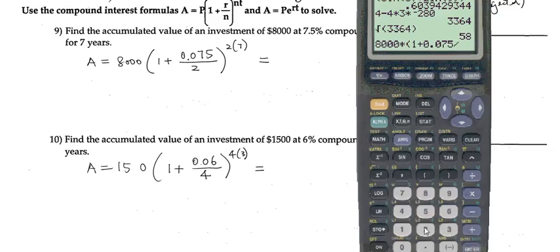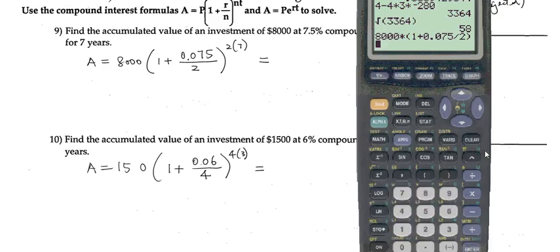Close the parenthesis, raise it to the open parenthesis, 2 times 7. Now, although many could say, oh, I know 2 times 7 is 14, can I just put 14? Yes, but you should also learn how to use the calculator to handle every single thing, especially when the number is getting big, right? Hit enter.